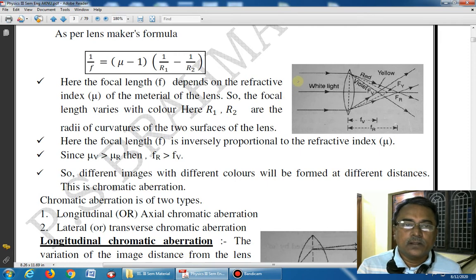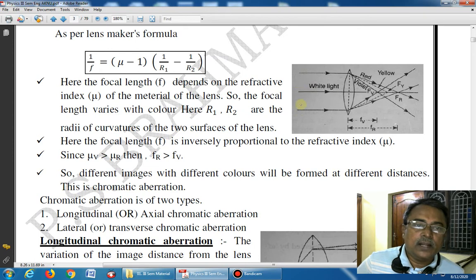If we observe the figure, here the white light is incident from the left side on the lens, then each and every ray is dispersed into its 7 constituent colors. All the red rays will meet at FR, all the violet rays will meet at FV. In between, different colors will meet at different places on the principal axis.